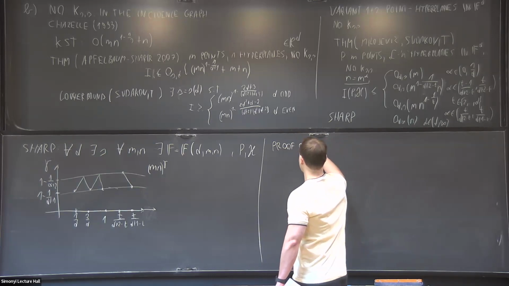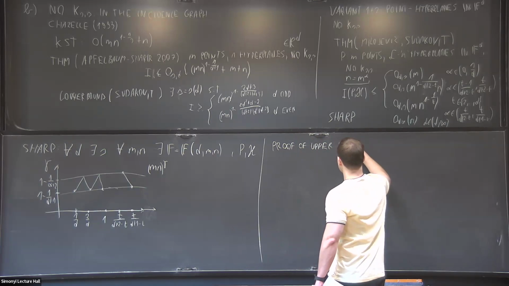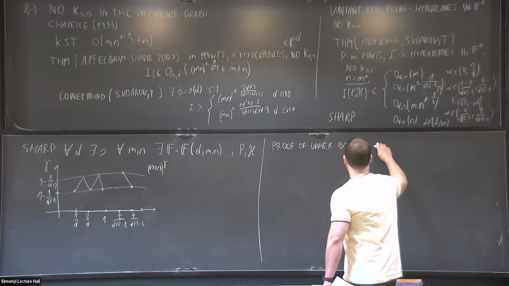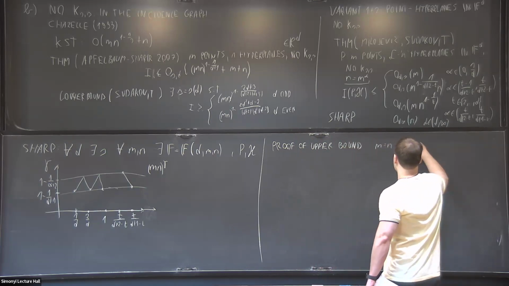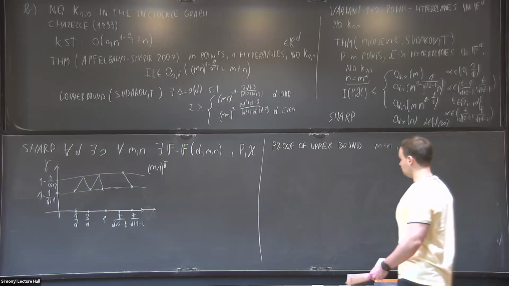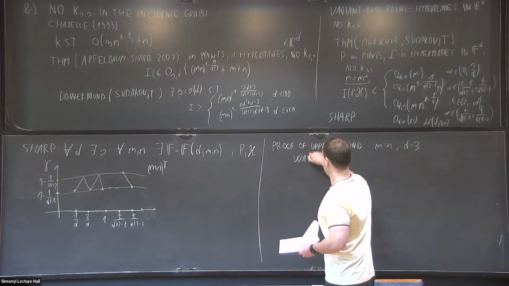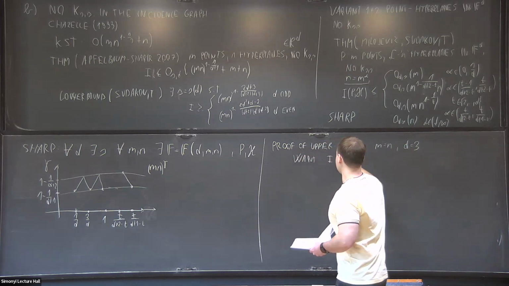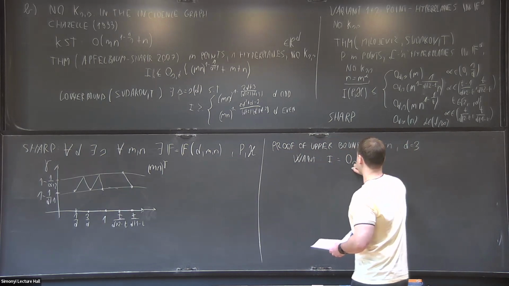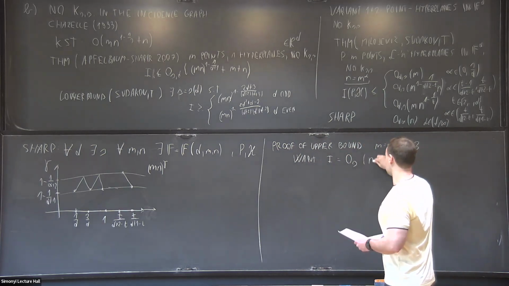So, proof of upper bound for m equals n and d equals 3. In this case, what we want to prove is that the number of incidences is bounded by a constant depending on s times n to the 3/2.